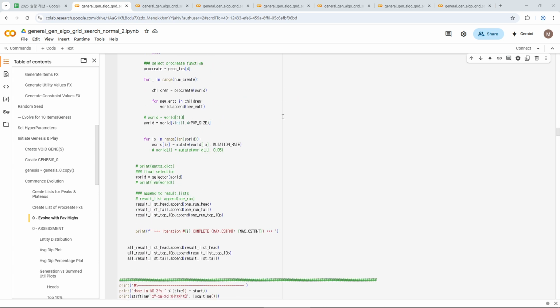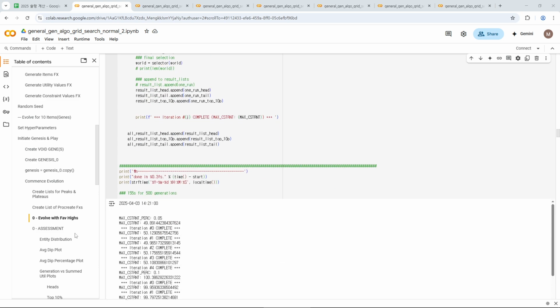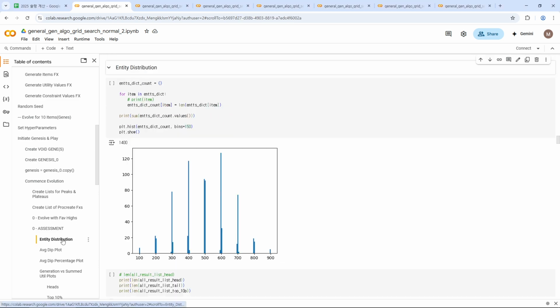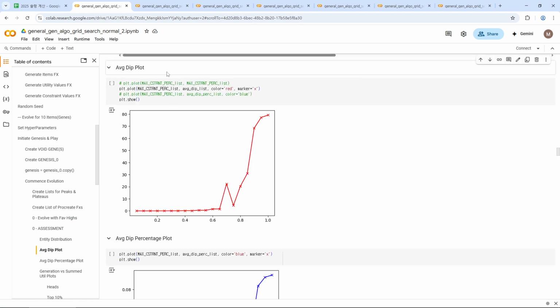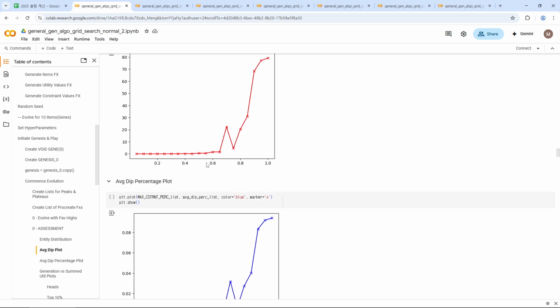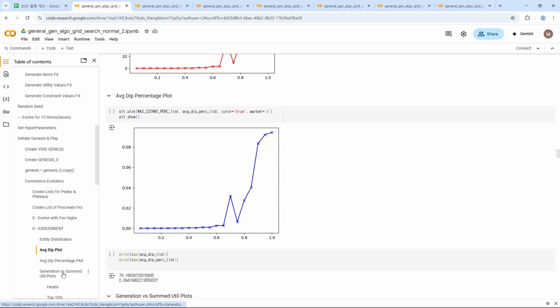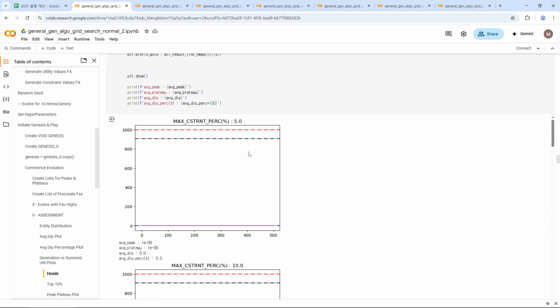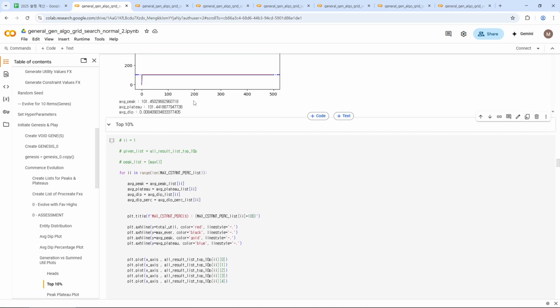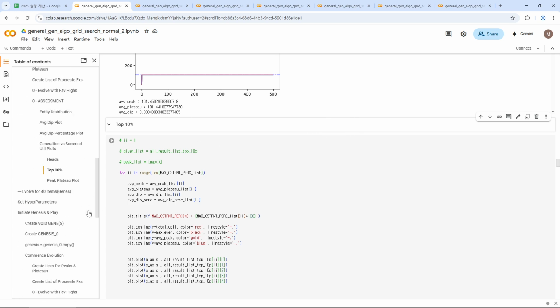What happens at the end is, these charts and plots will have a histogram, an average dip plot, an average dip percentage plot, and the generation against summed utility plots in terms of heads or top entities, and the top 10% entities.